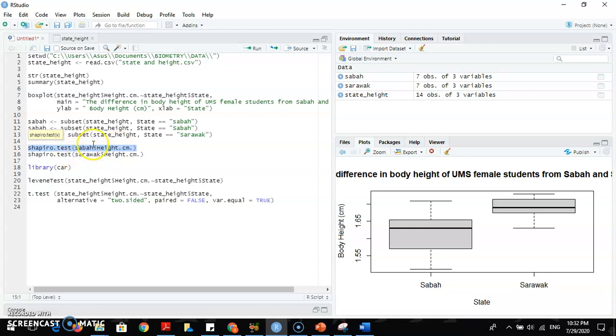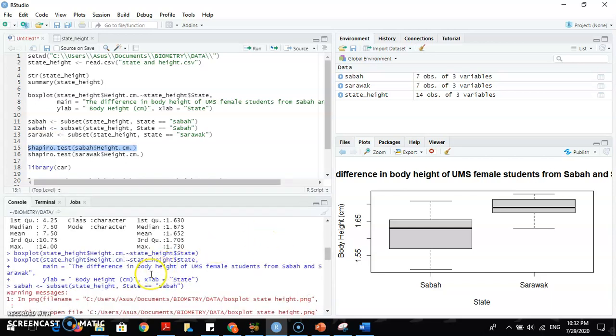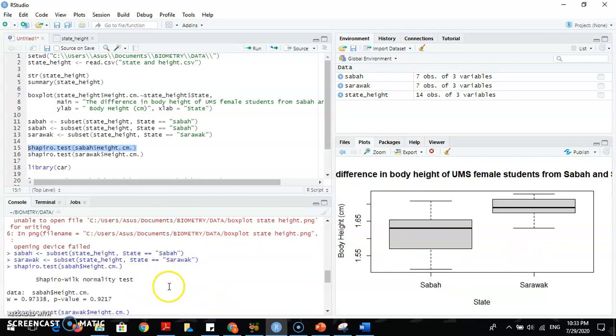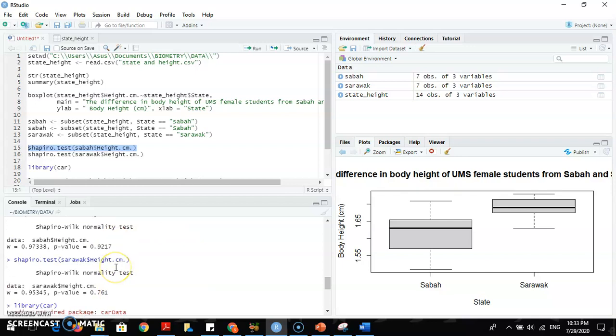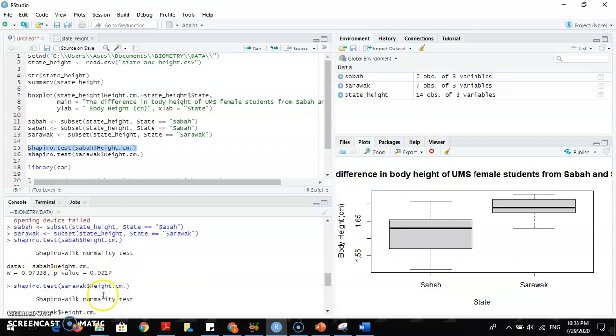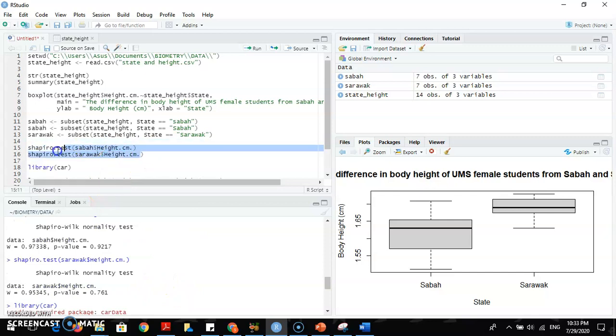This is the command for Sabah. As you can see here, this is the box plot. Then this is the box plot. And then the Shapiro test command for Sabah is here, as you can see. And this command for Sarawak, the Shapiro test normality test for Sarawak, is here.